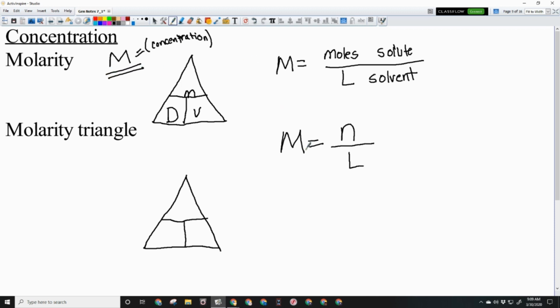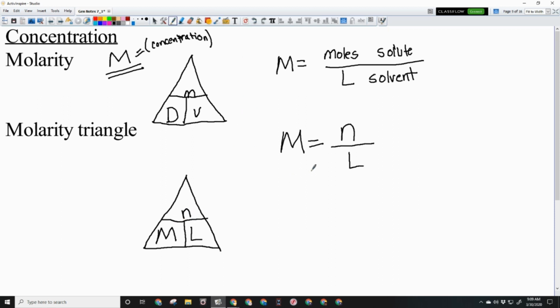What is the concentration of a solution that contains this many moles dissolved in this many liters? We can use this triangle to help us figure that out. Remember, to use it, we cover up what we want to solve for, and whatever's left is your formula, so it's n divided by L.